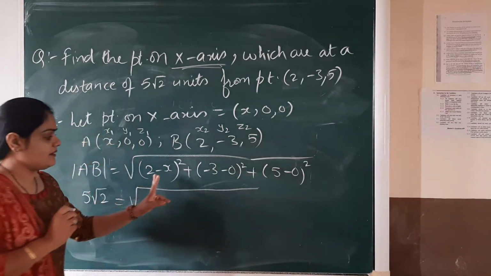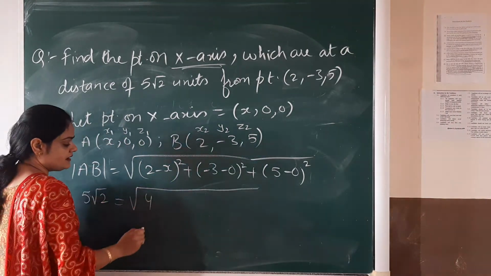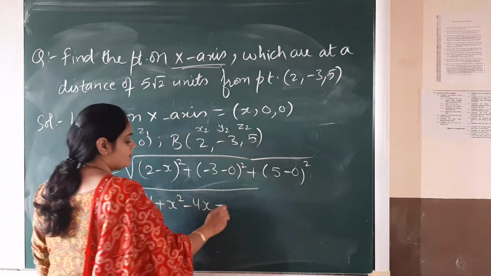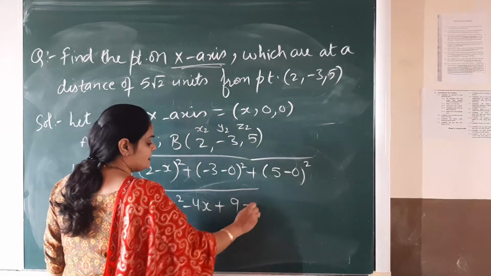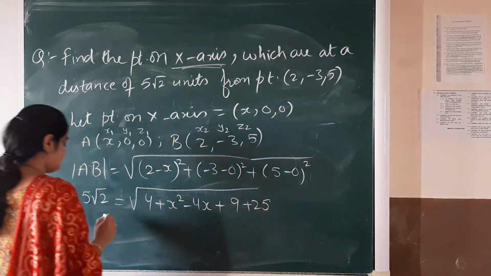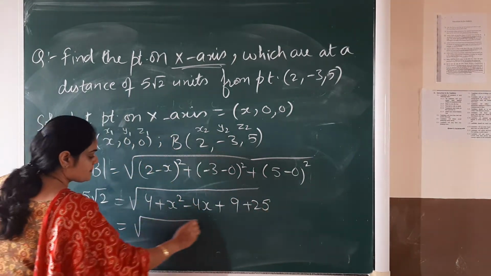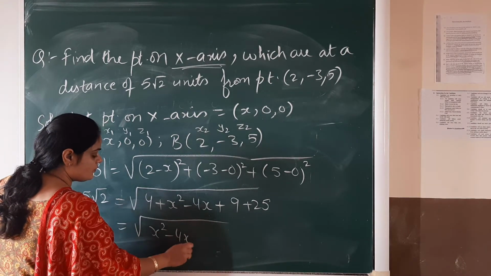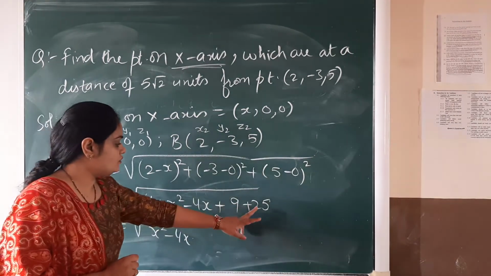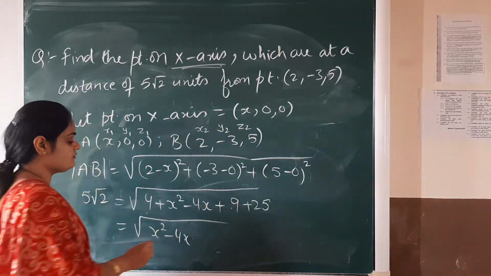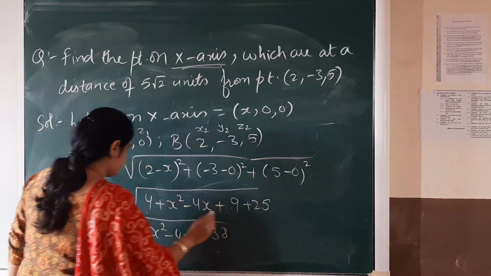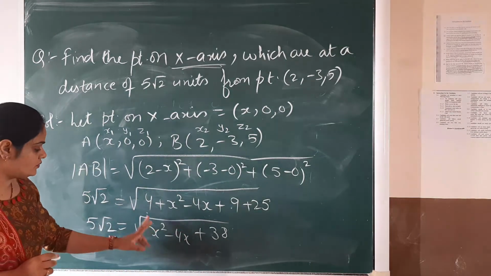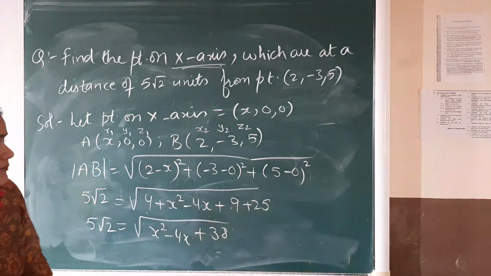And here the (a minus b) whole square formula is applicable: a square plus b square minus 2ab. -3 square is 9 and 5 square is 25. This is x square minus 4x. 25 plus 9 is 34, plus 4, which is 38. This equals 5√2. Of course, to vanish this under root, we need to take the square on both sides.